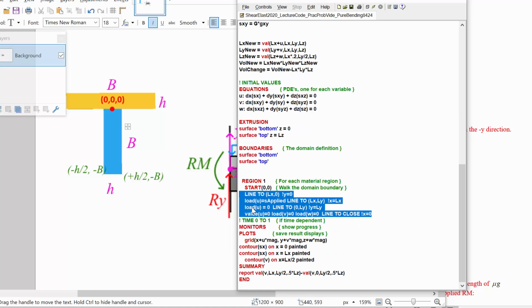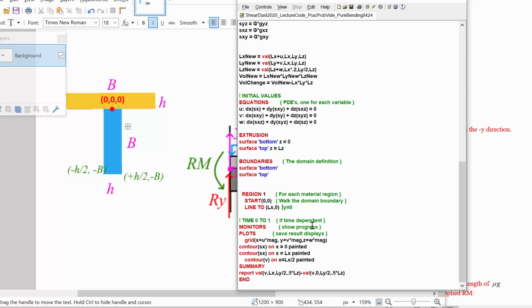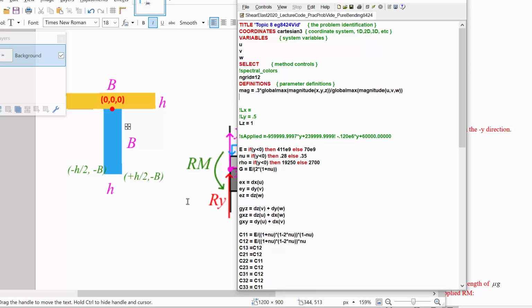Well, conveniently, all along the length there's no load applied, so we don't need to worry about any of that. Actually, let's start at the bottom left corner here. Start at negative h over 2 and negative b, and we'll define those things.